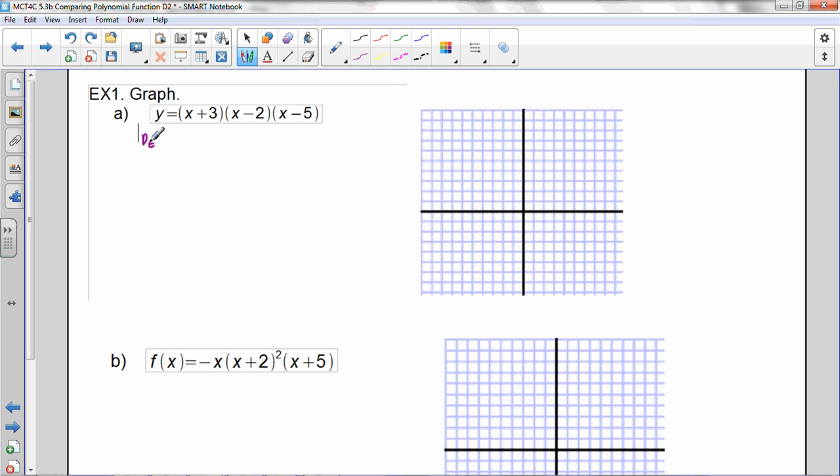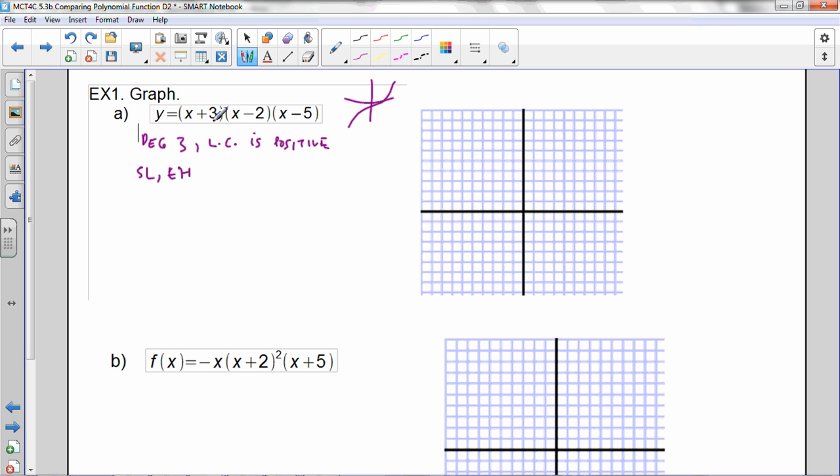This is of degree 3, and all the numbers in front of the x are positive, so the leading coefficient is positive. And this is sort of, I'm thinking about yesterday's stuff. So what does that mean? It means it starts low and ends high, right? Odd degree, leading coefficient positive. Overall, it's going to look something like that.